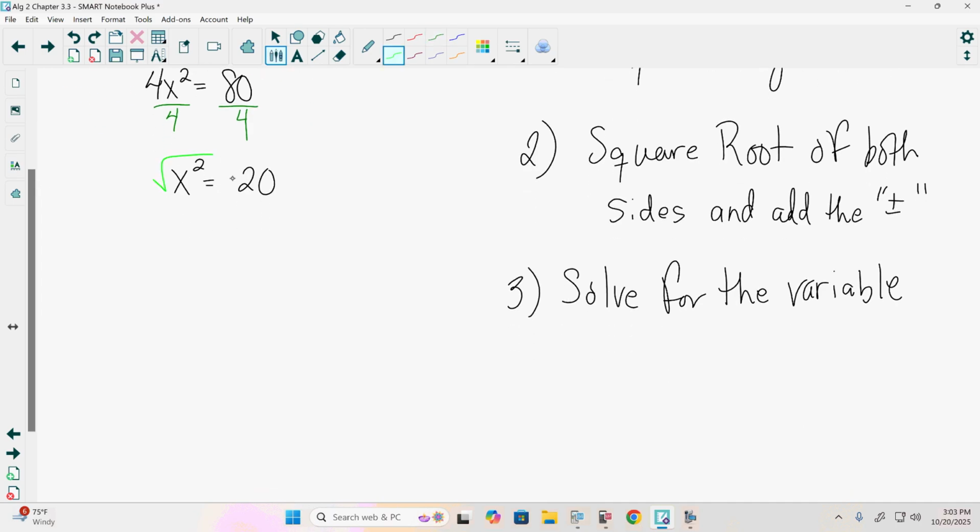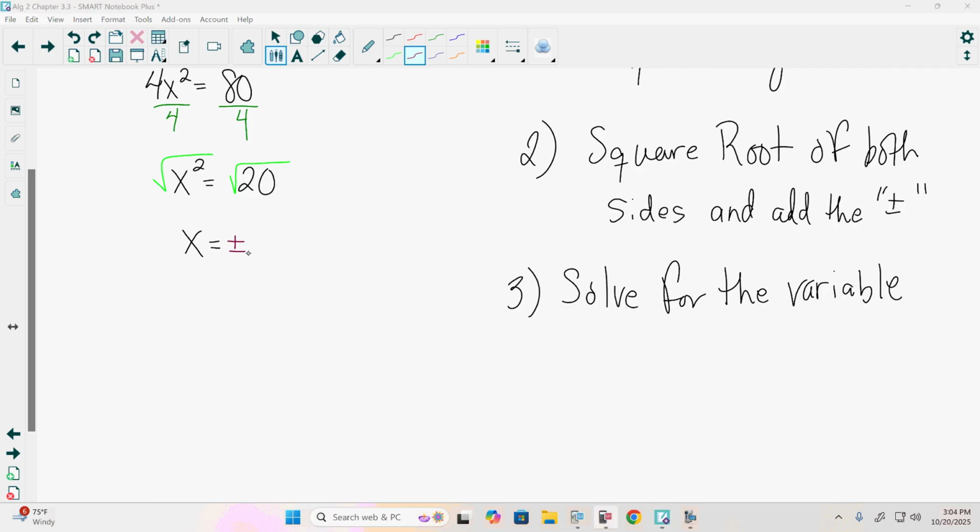At this point here, we're going to take the square root of both sides. So we're trying to find the square root of x squared. We're trying to see what times itself is x squared. And that would be x equals plus or minus, because what x equals could be positive or negative. Now we need to find the square root of 20. So we would look for perfect square factors of 20 and reduce those.